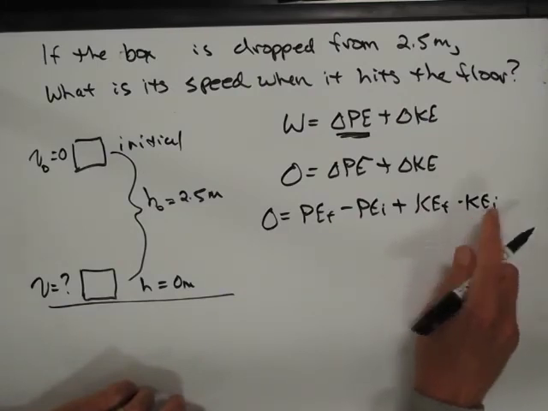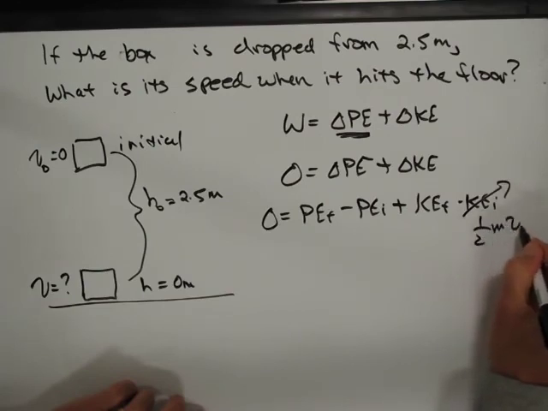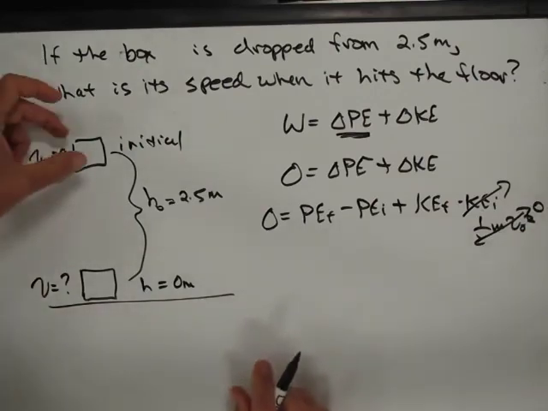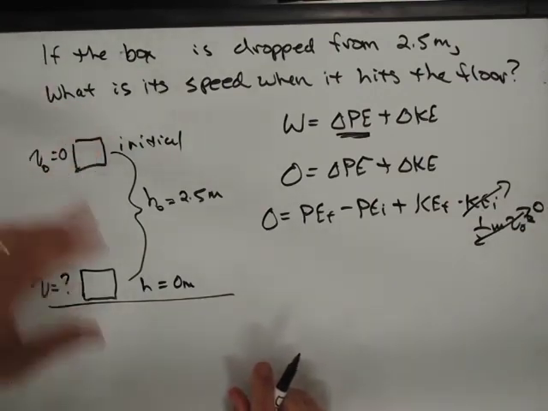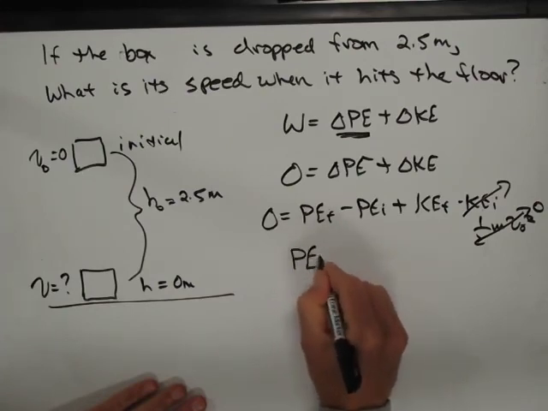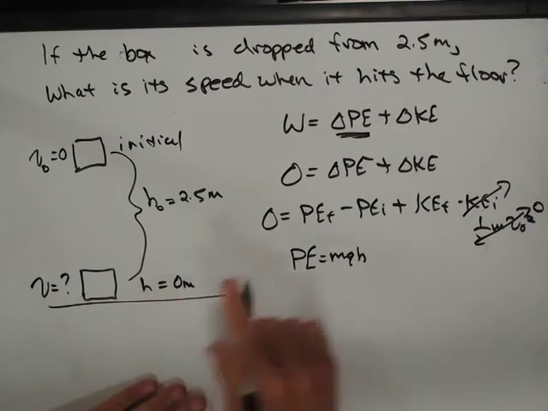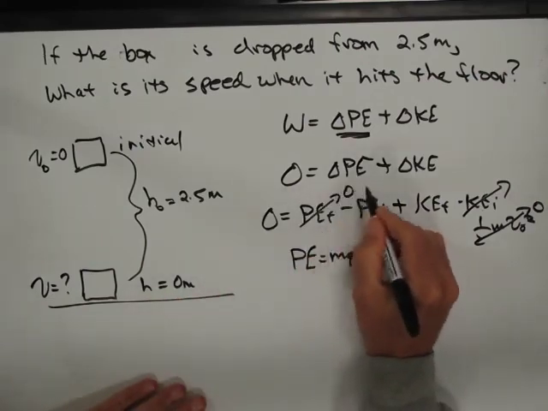So you should be able to figure out right away that this guy is 0, because 1/2 m V naught squared is 0, because V naught is 0 if I dropped it from rest, if I was holding it and let it go. Secondly, potential energy is mgh, and if my height is 0 here, then this term is 0.